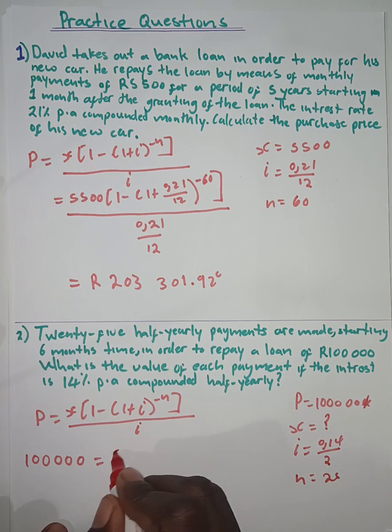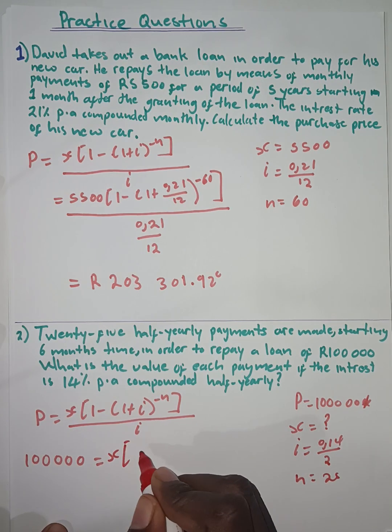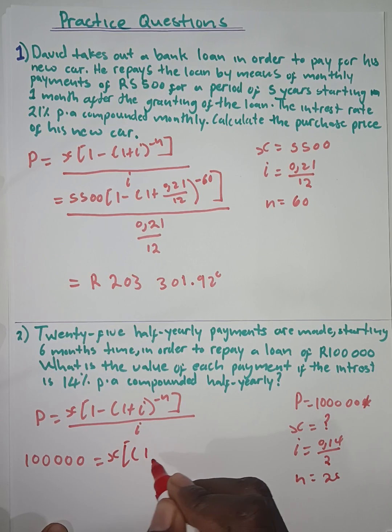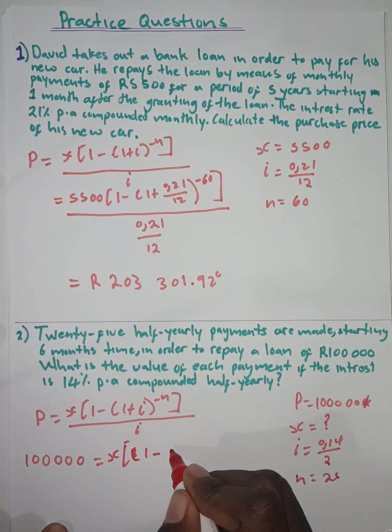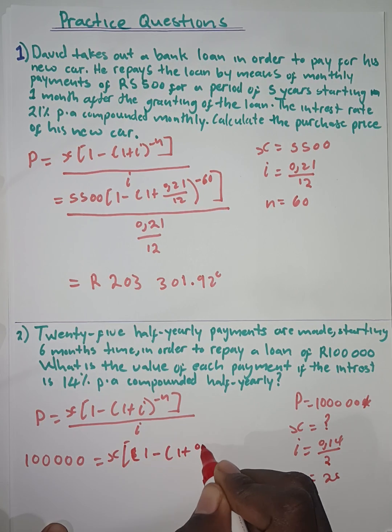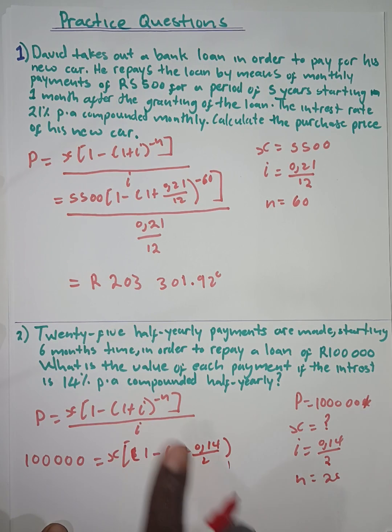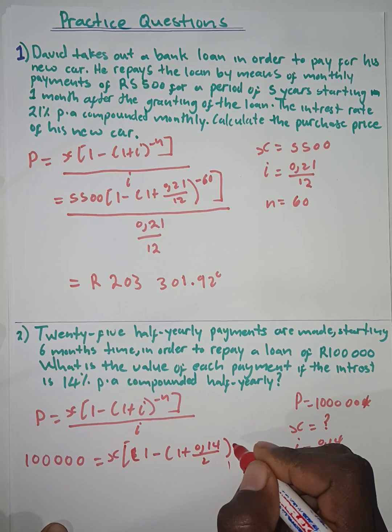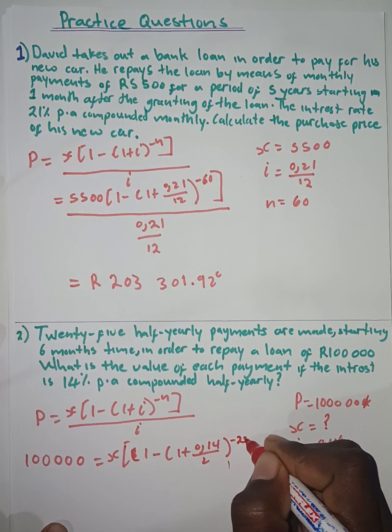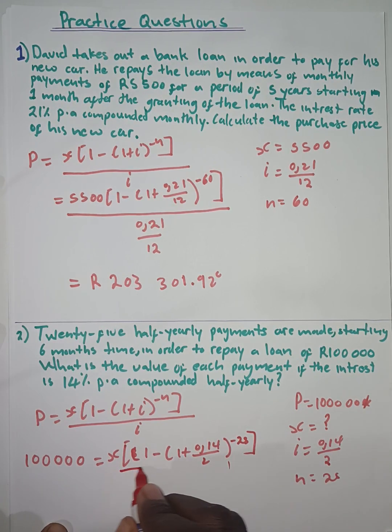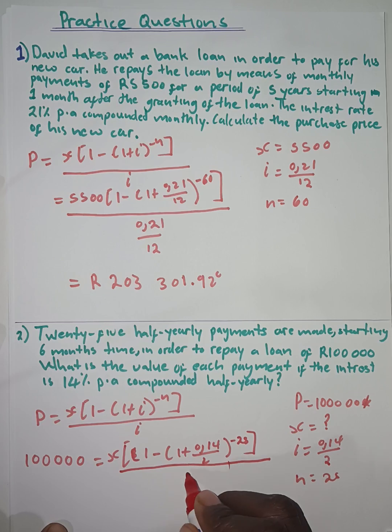Now again, we don't know that X value, so this would be 1 minus (1 plus 0.14 divided by 2). But how many payments did he make? He made 25 payments, so this would be to the power of minus 25, and of course we divide all of that by 0.14 divided by 2.